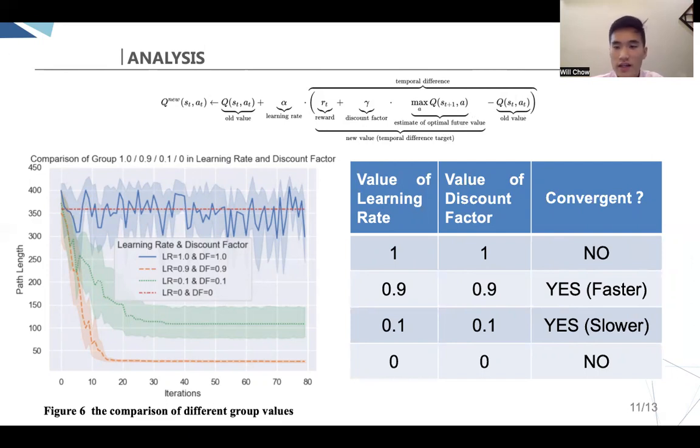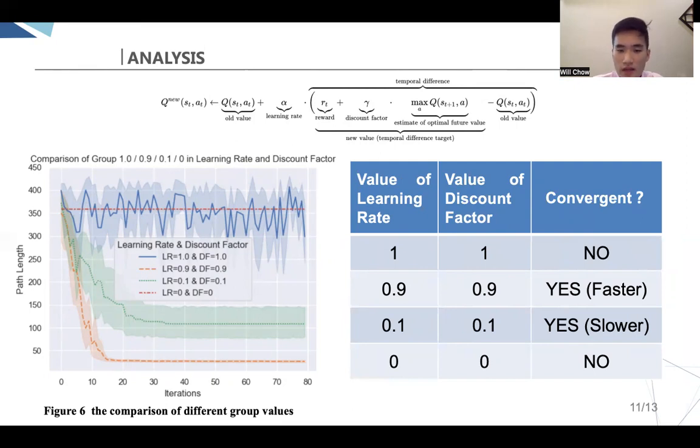If the discount factor equals 1, the future rewards are as important as the current one, which means the agent is far-sighted. It can see the big picture, but it also means the agent will be ambitious to try every possible path, and this requires more resources and time. And also, if the discount factor equals 0, there will be no consideration of the future. Therefore, local optimum might occur.